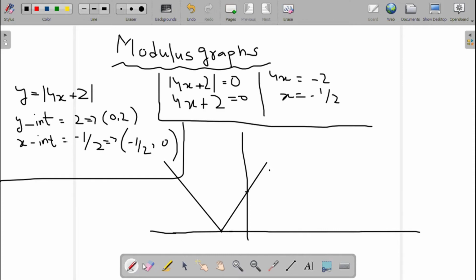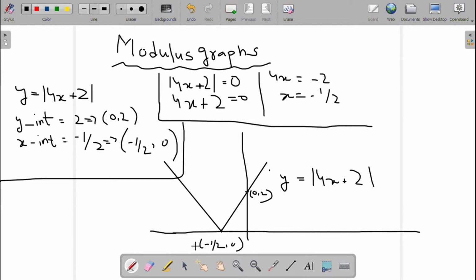So this is the sketch of y equals mod of 4x plus 2. This point is (0, 2), and this one is (negative half, 0).